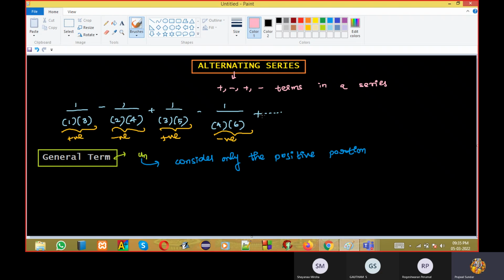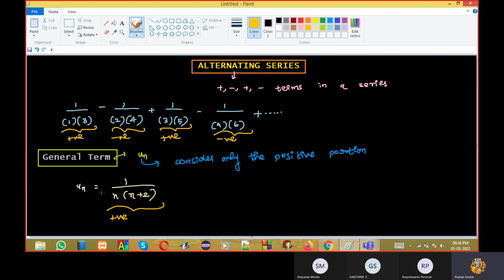What is un for this sequence? Yes, 1 by n into n plus 2. Yes, un is 1 by n into n plus 2. Don't write -1 power n minus 1. This is only the positive part.